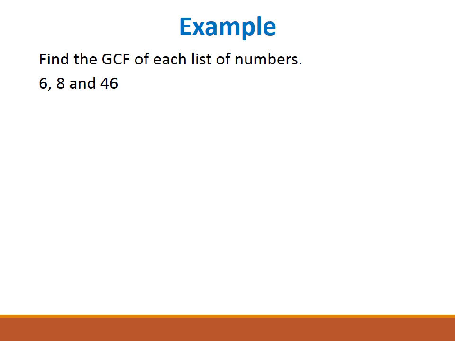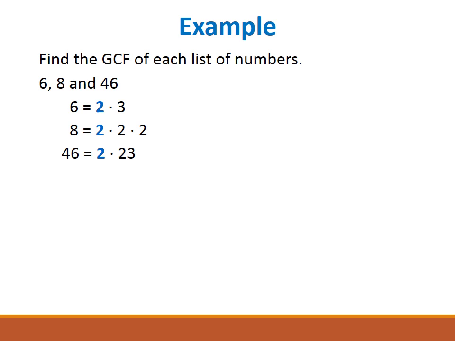Here's an example. If we take the numbers 6, 8, and 46, and we want to find their greatest common factor, in other words, what is the largest number that will divide into 6, 8, and 46? Well, if you think about 6, 2 and 3 are divisors. 8, if you were to divide 8 into its primes, you would see that it's the product of 2 times 2 times 2.